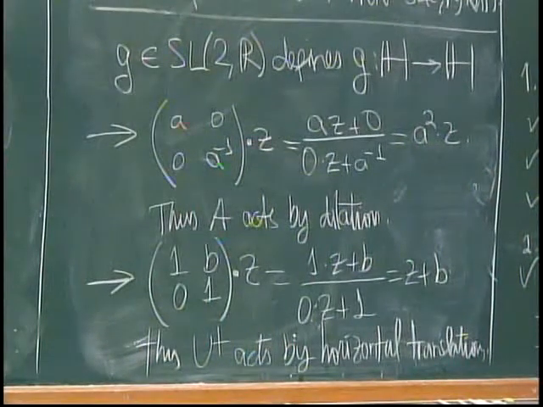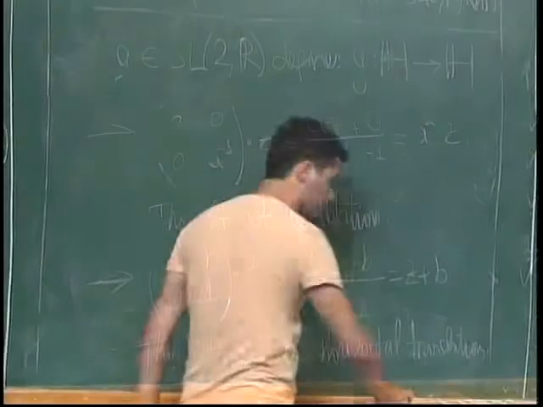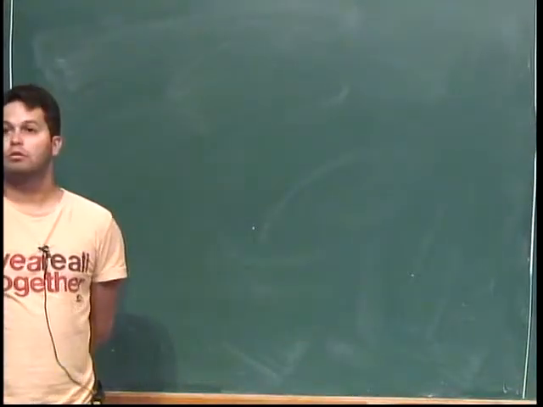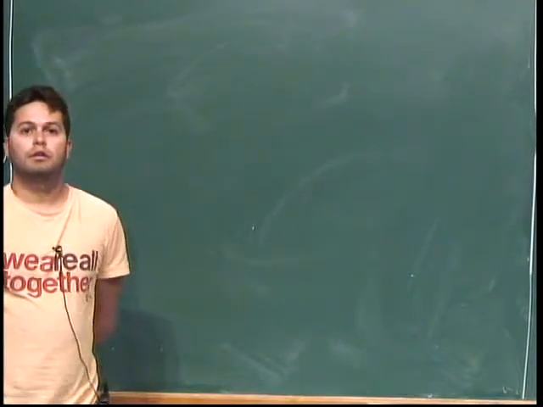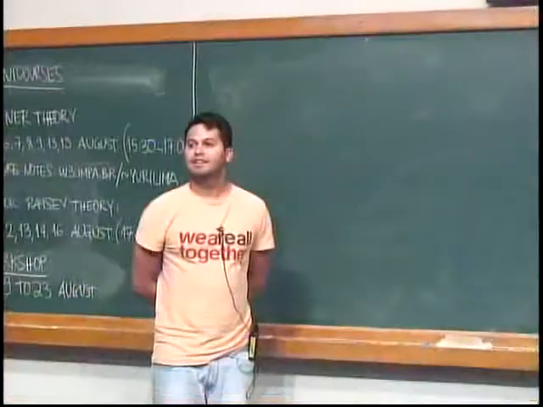But the question that I want to ask now is: let's say I give you two points in H, can you get me a Möbius transformation that sends one point to the other? Yes or no? A guess?